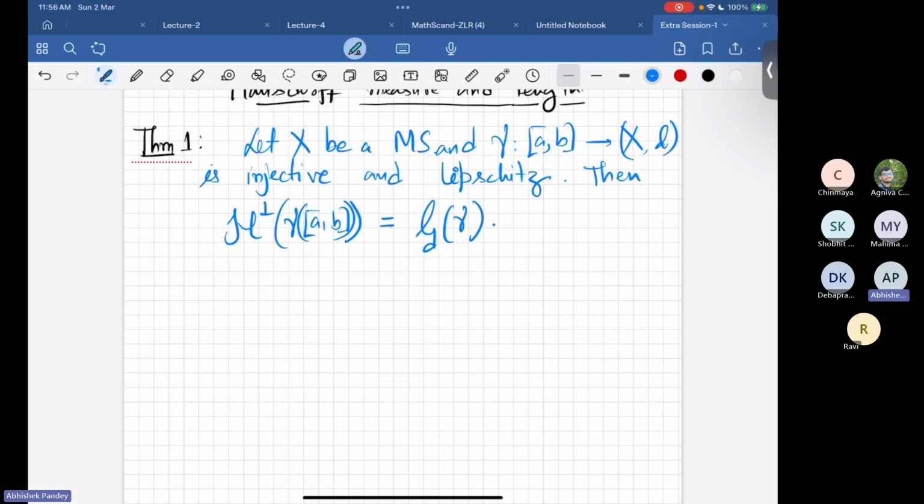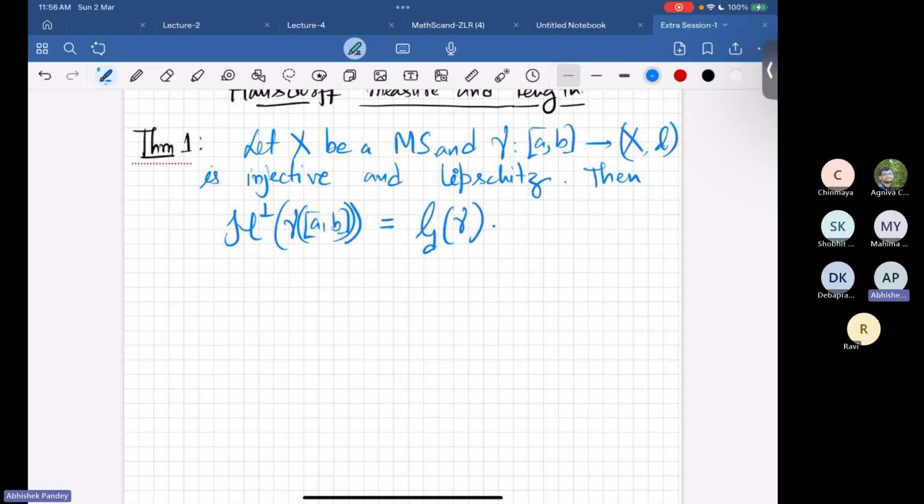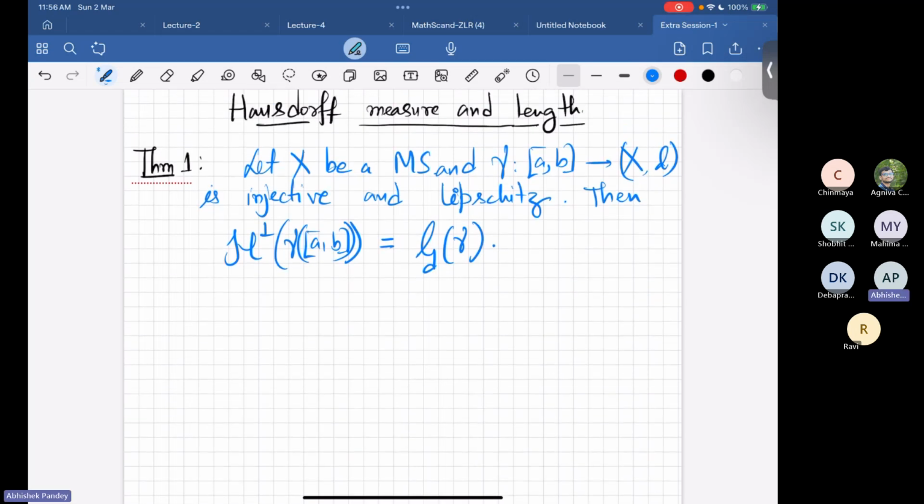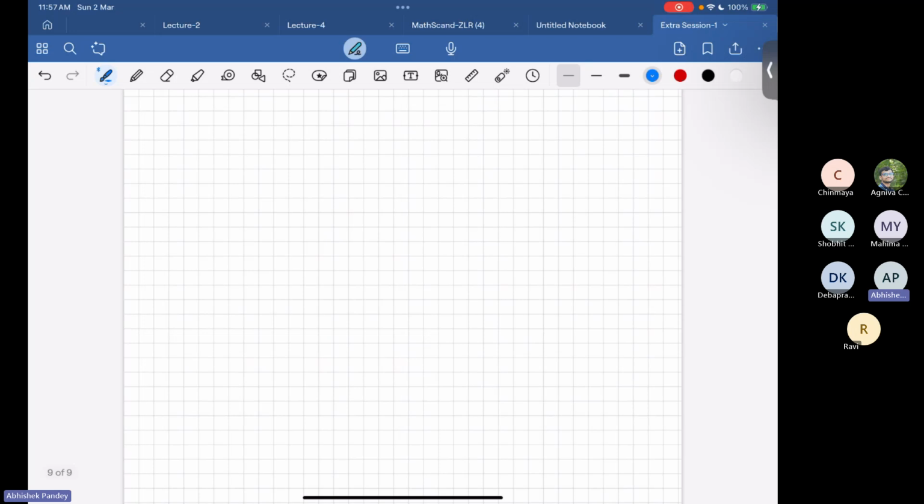For that one also it holds, but I need only injective and Lipschitz maps. So basically, the Hausdorff one measure gives the length. This curve is one dimensional in the Hausdorff sense.